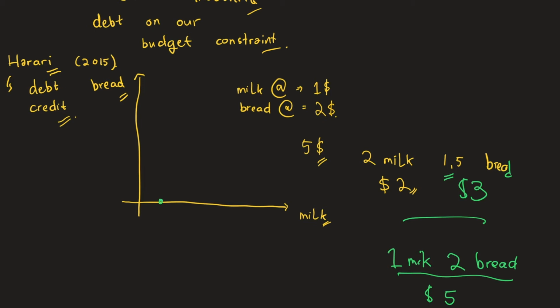For example, you buy 1 milk and 2 bread. We draw the line here and it will look like this. This is your first budget constraint, which means you will not spend more than this amount.